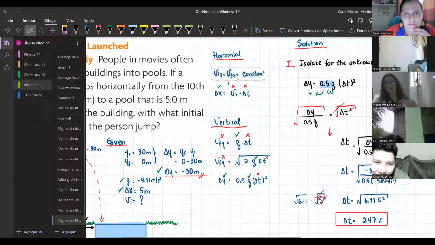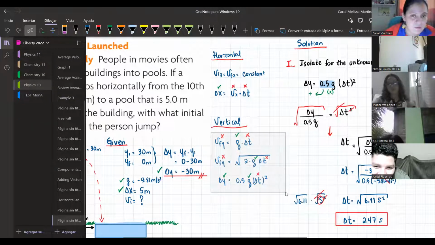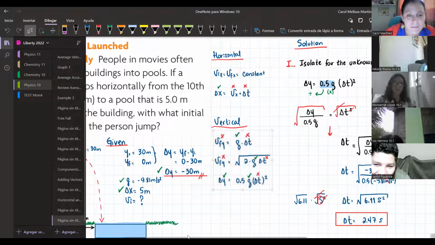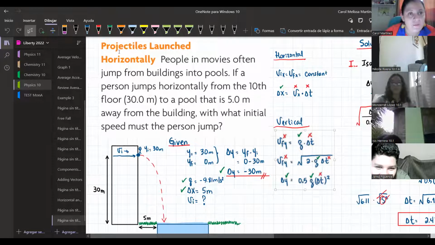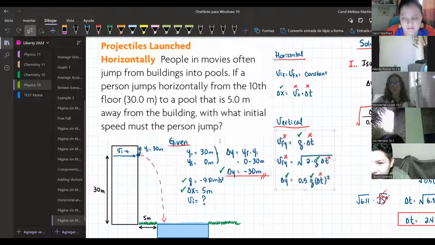And I also have this equation that has velocity in x, okay? And if you notice here, there are no formulas for initial velocity in y, in the vertical position, because in projectile motion launched horizontally, initially the object or the person is coming just horizontally. So the initial velocity in the y-axis doesn't exist, just the x-axis.